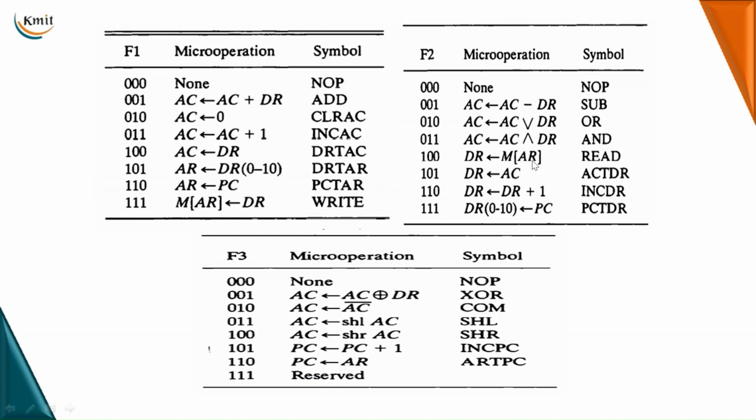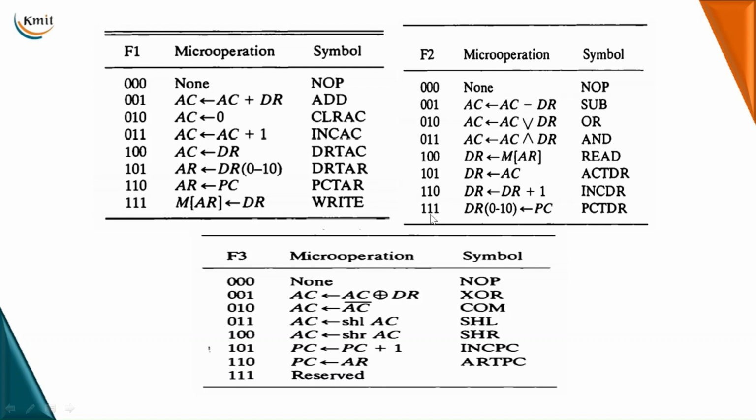To read the contents of the memory location specified by the address stored in the address register, we use a read operation in the F2 function, where the contents of the memory specified by the address register are transferred into the data register. And here AC to DR, the contents of the accumulator are transferred to the data register. 110 is used to increment the contents of the data register.